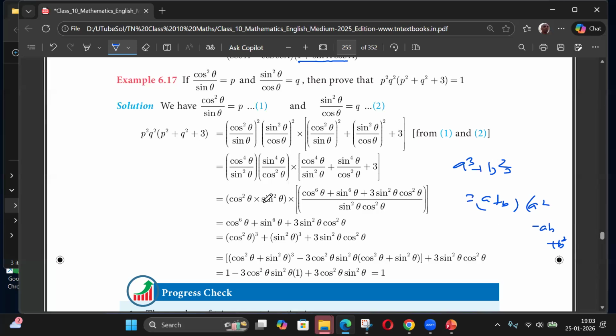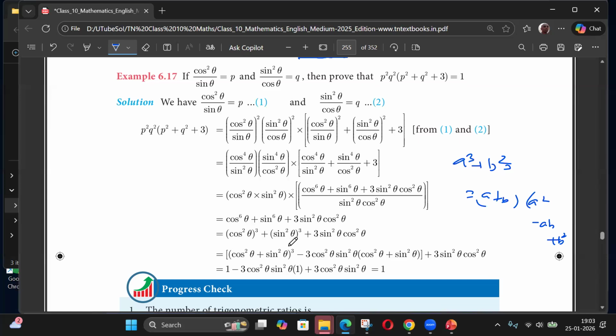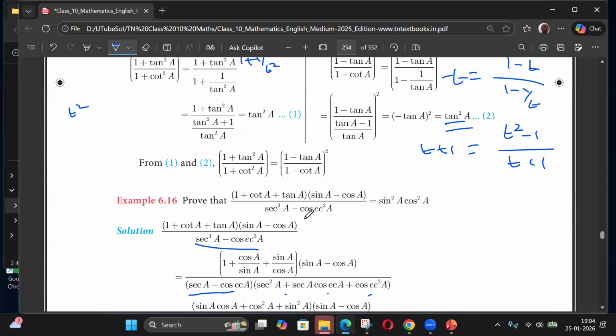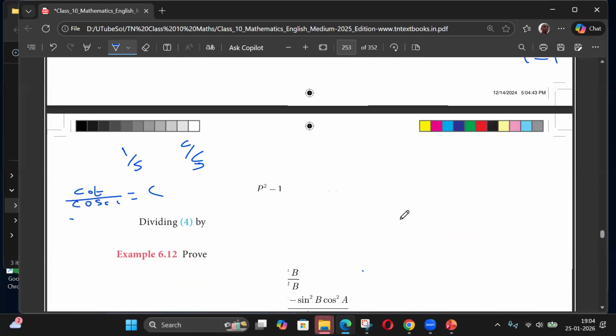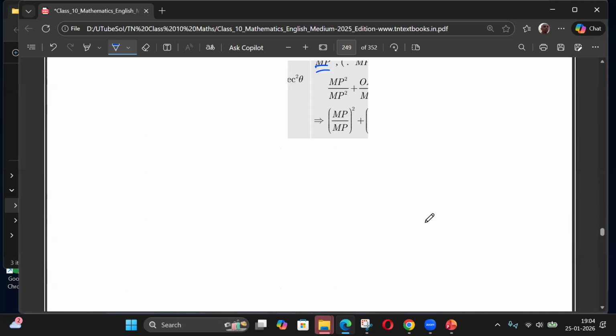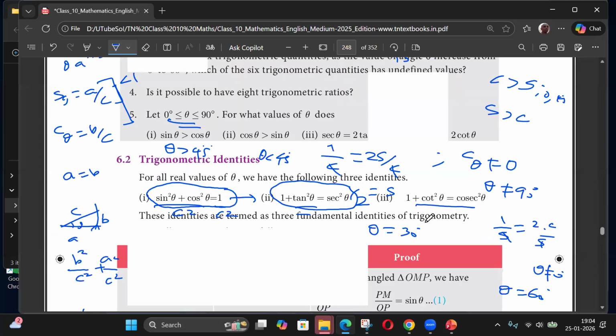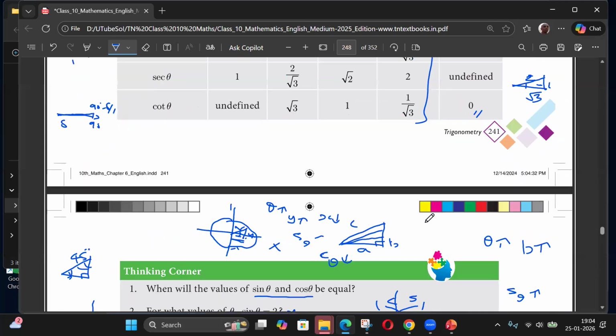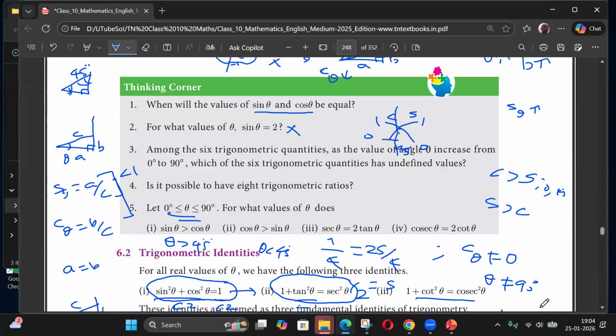Okay, so it's fun. A cube plus b cube, we have written in a different way. A cube plus b cube formula: A minus B, A square plus B square plus A into B. No, the minus will come inside.